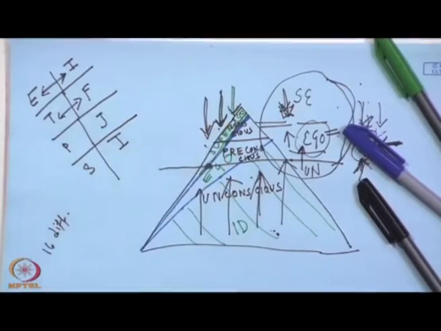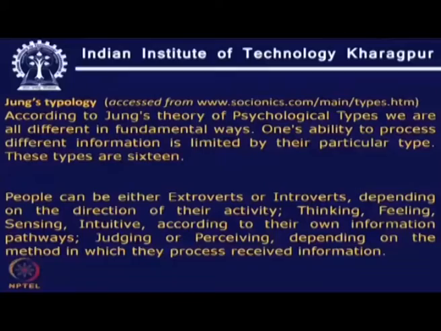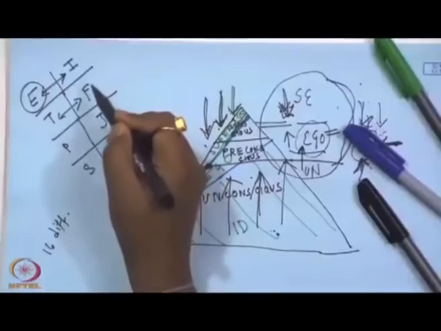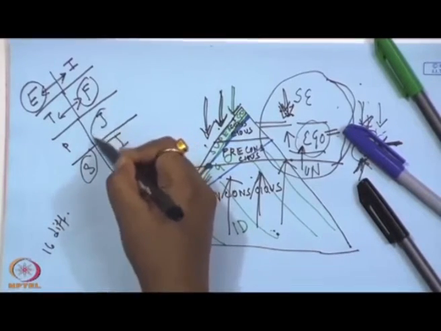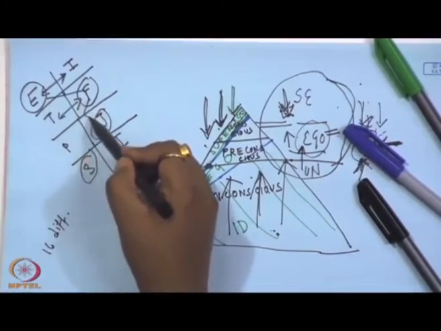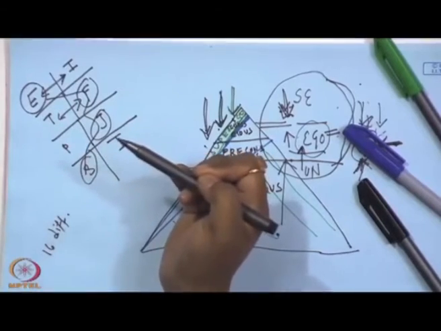And if you can understand, because there are so many differences in the personality types, different jobs can also have these types of personality patterns, because some jobs may require your extrovert nature or your feeling nature or your sensing nature or your judgmental nature, and accordingly we can map people with those types of jobs.